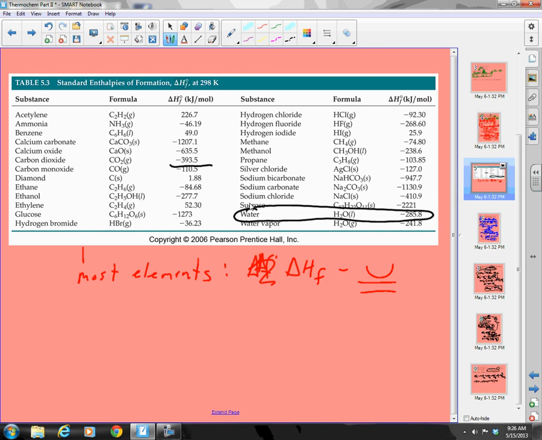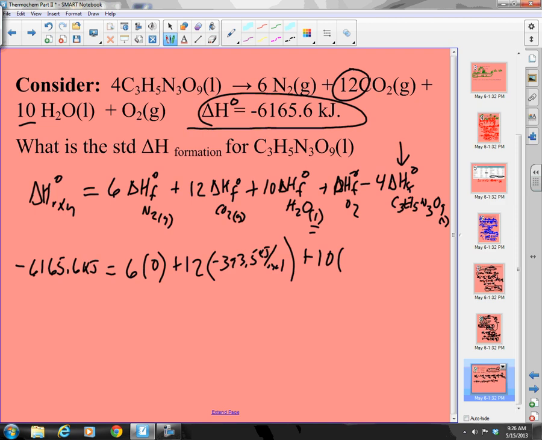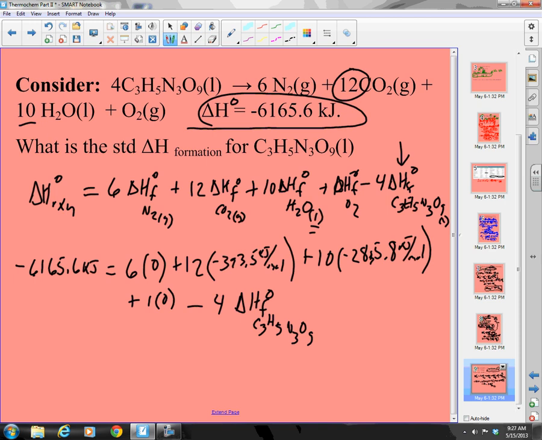Negative 285.8 kilojoules per mole plus O2, but we know that's going to be 0, minus 4 times my delta H formation of what I am trying to find, C3H5N3O9. Got it?